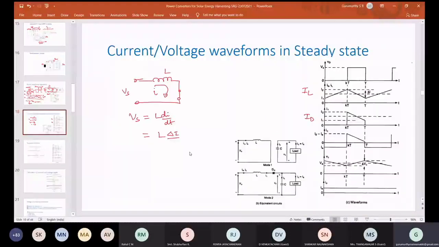When the device is off, what happens? The inductor current will remain the same, the inductor will be there, and the Vs voltage source is the same, and this device will become an open circuit.